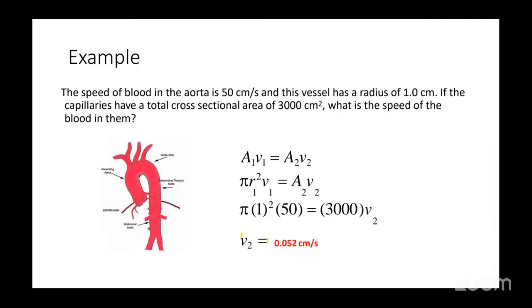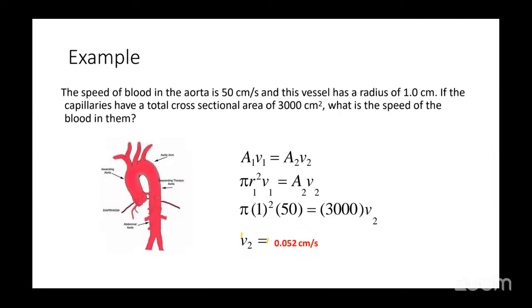So the speed of blood in the aorta is 50 cm per second. We consider that as V1, and it has a radius which is linked to area 1. That is where it is flowing in.